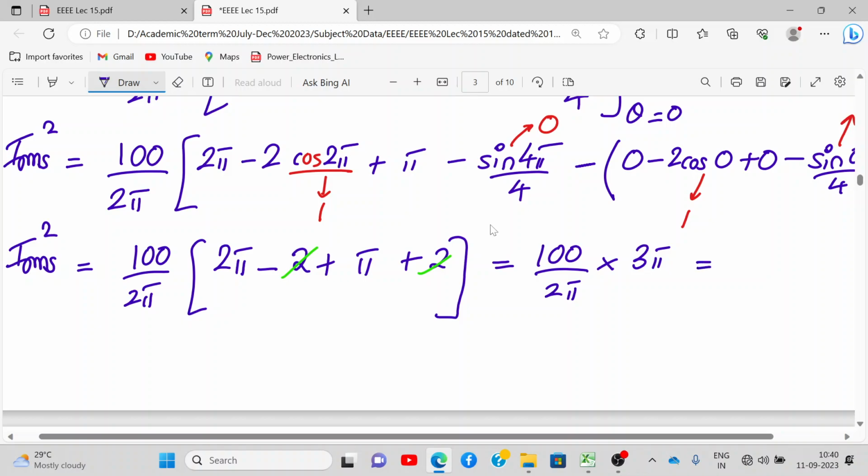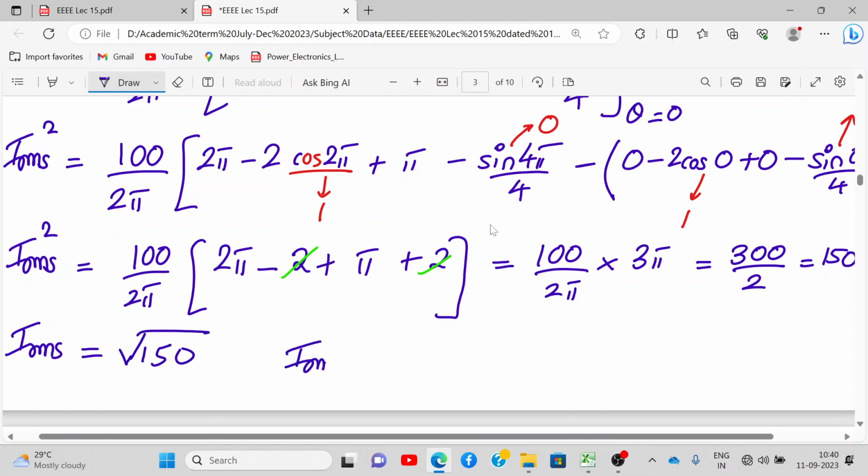So this will be 300 divided by 2, which is 150. So this is I RMS square. So what will be I RMS? Square root of 150. How much is that? 12.25. Yeah, that is the answer.